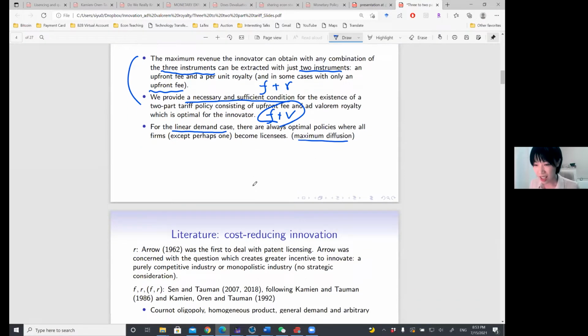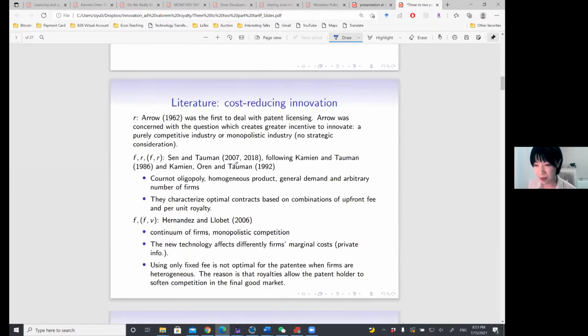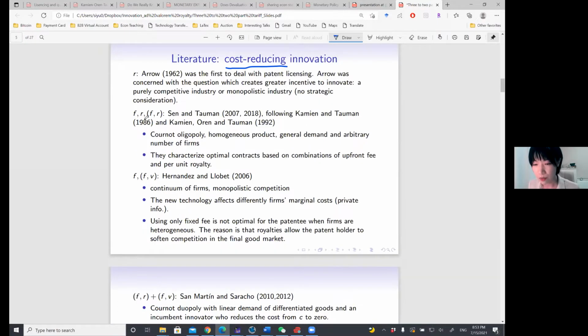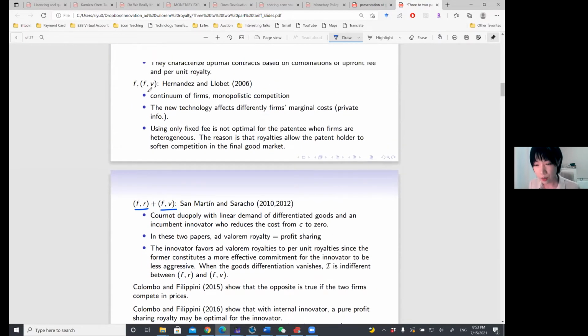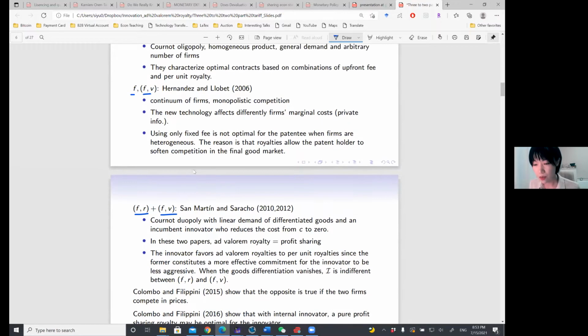Literature review, I will just briefly talk about it. So we focus on cost reduction or process innovation. In the old literature, most of the studies focus on 2-part tariff or fee. And here the fee can be determined by auction or pre-announced. They compare 2-part tariff with fee, but no one has ever studied all 3 instruments.